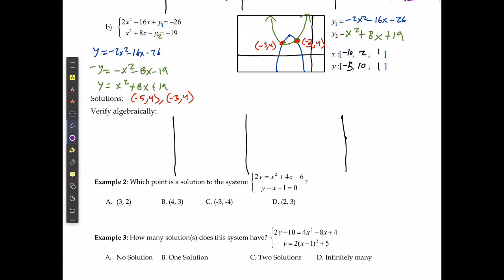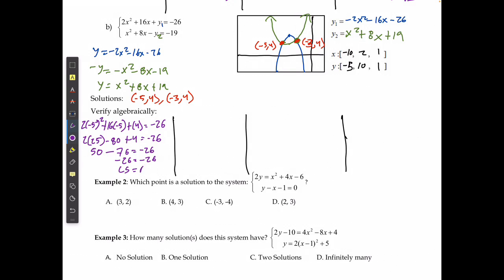I'm going to start with my first solution in my first equation, and I'm going to say that if I have 2 times -5 squared plus 16 times -5 plus 4, it should give me -26. Well, this is going to be 2 times 25 minus 80 plus 4 is equal to -26. 50 minus 76 is equal to -26, or -26 is equal to -26.